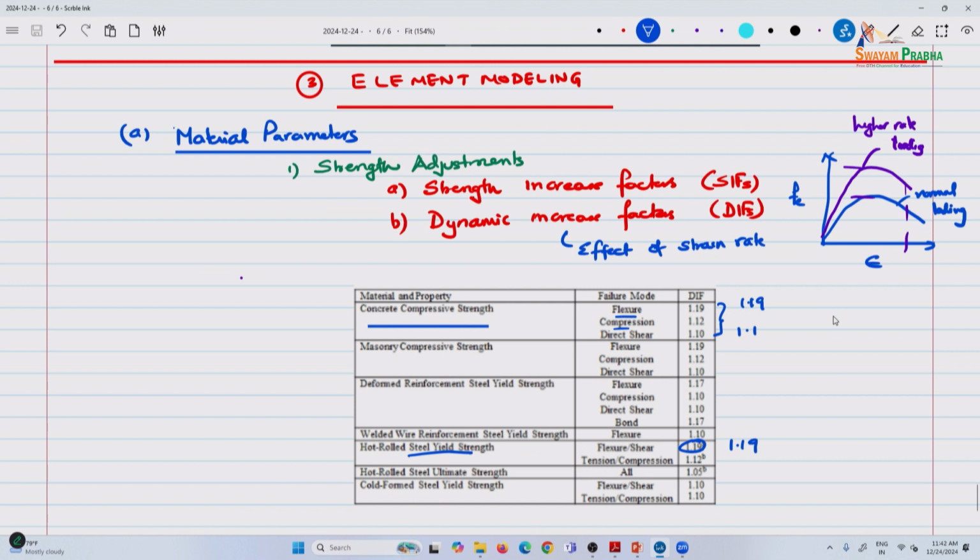But the response goes from static to more dynamic. It's really hard to measure also. We were discussing the difficulties of having sensors. These strain rates can go anywhere between 100 per second to even 1,000,000 per second.